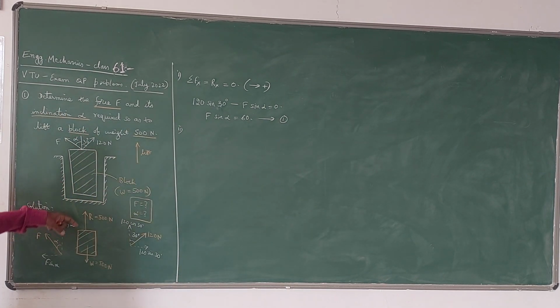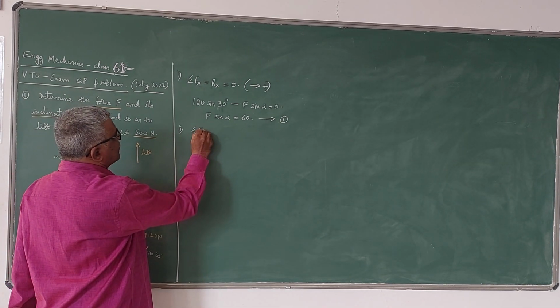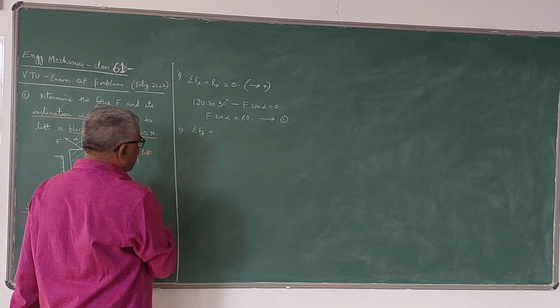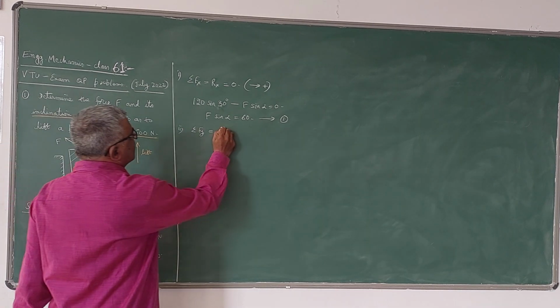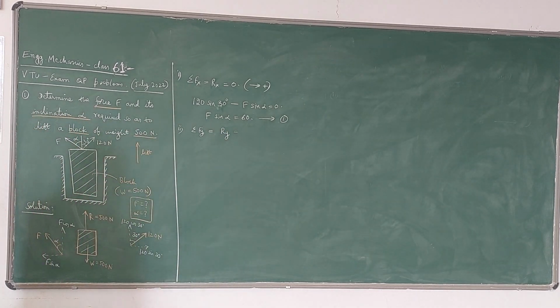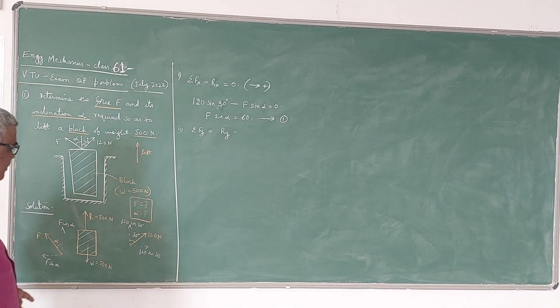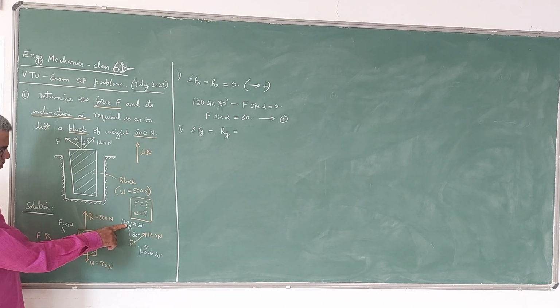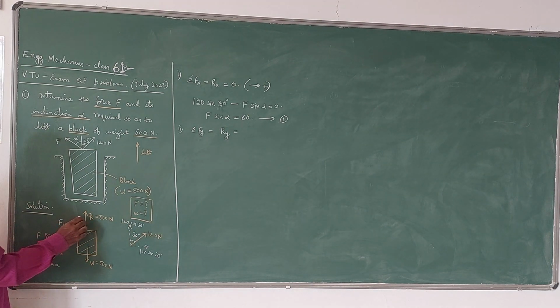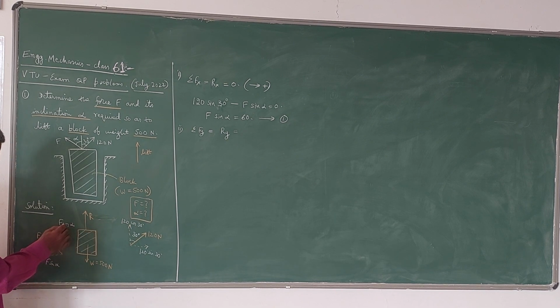Now the second thing is, since W is acting downwards, if I write sigma Fy, that can also be written as Ry, the y component of the resultant. So if you use this diagram, 120 cos 30 is positive, F cos alpha is positive, but this 500 Newton is negative.